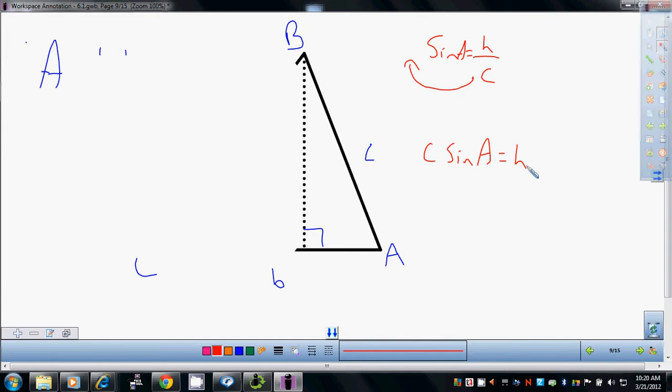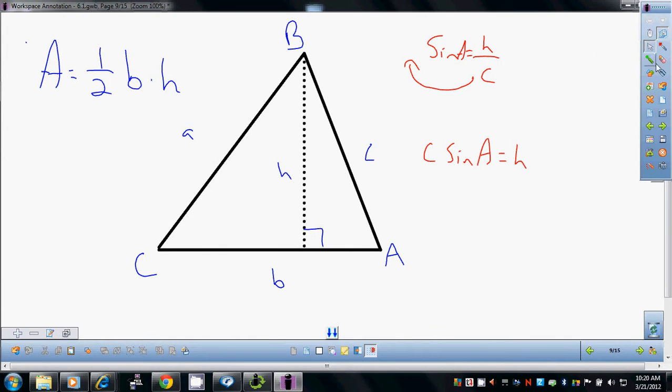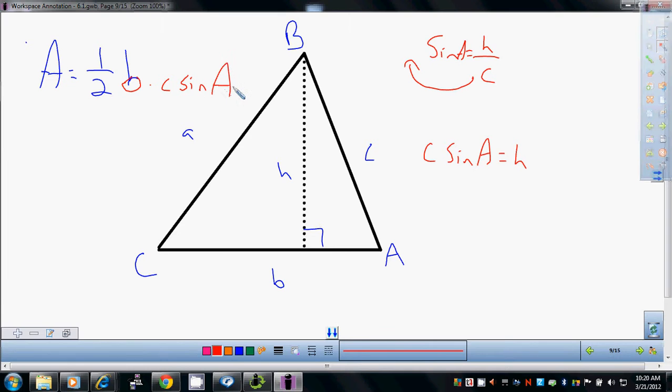Good. That's the correct answer. So if I take this back away, I'm going to substitute that into my formula. I'm going to take out h and plug in what h equals: c sine A. The area, oh darn it, I have 2 big A's, but the one on the left is area.